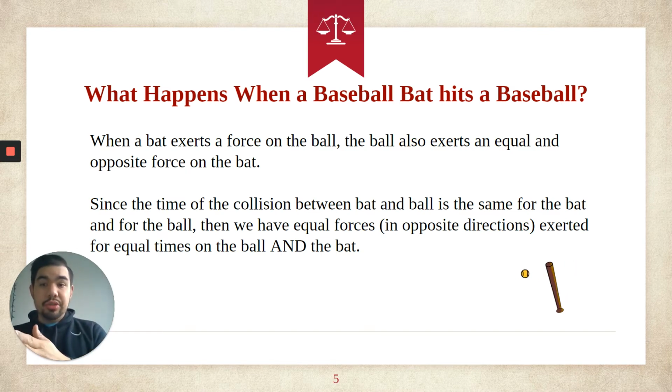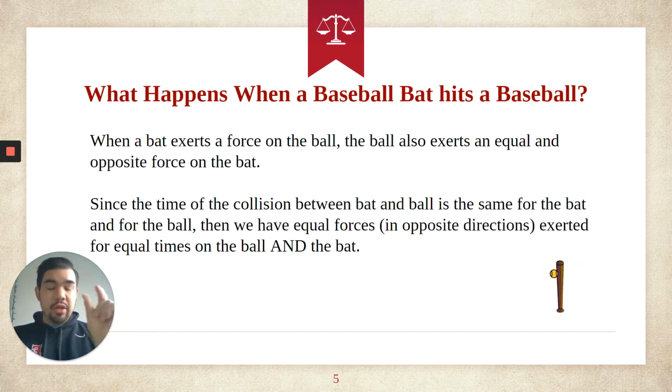The ball also exerts an equal and opposite force on that bat. Now, we know the time of the collision between the ball and the bat is super short, like 1/100th of a second. It happens like that. But within that snapshot, you have equal forces acting on both the ball and the bat.